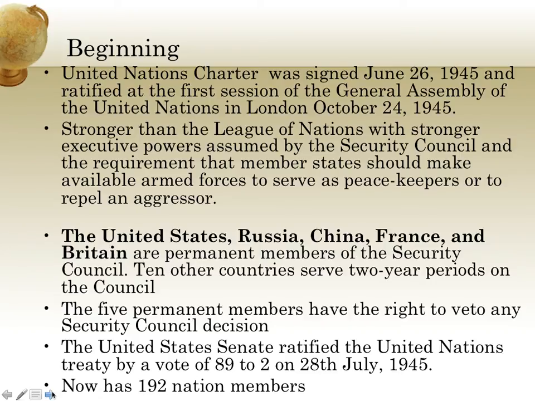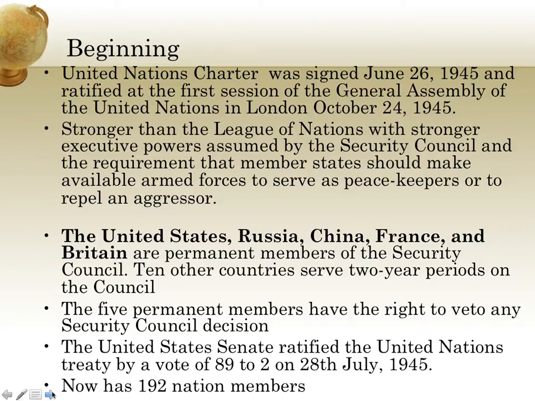What it ended up being was the United States, Russia, China, France, and Britain became the permanent members of the Security Council of the United Nations. And 10 other countries serve 2-year periods on the council, and they rotate in and rotate out. So this has been going on since 1945.